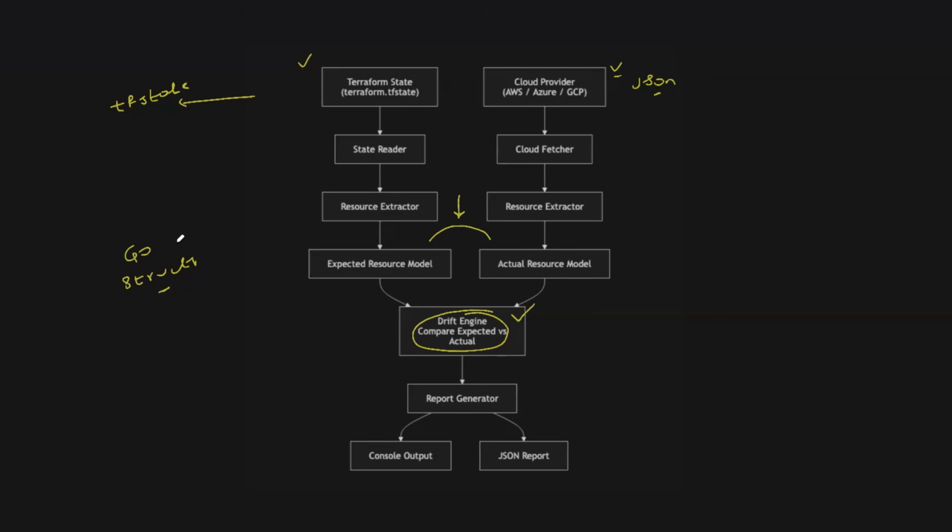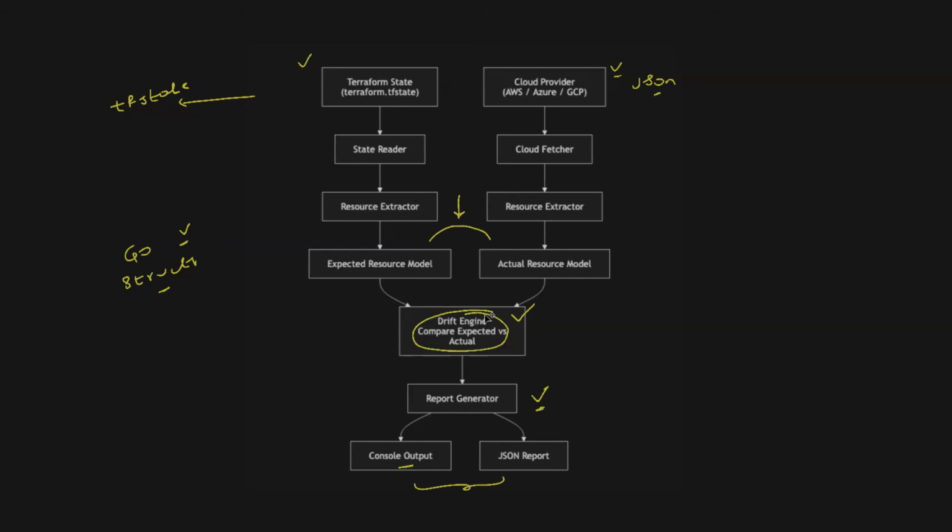Because in Go structs, we can put this information in a very flexible format rather than bringing both of them into JSON or bringing both of them into YAML format. We will put them in a Go struct format, and Drift Detector will compare both the structs and tell us by either providing a JSON report what is the difference, or maybe it prints on the console output, whatever is feasible, or we can do both of them as well.